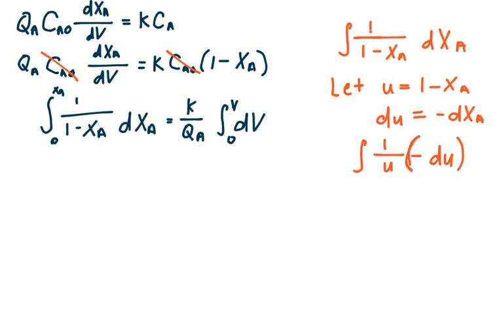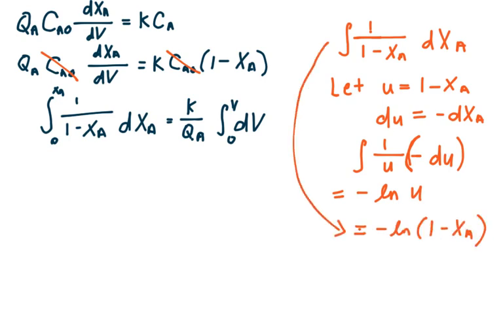So integrating 1 over u, you will get ln u, and then don't forget because of the negative sign, your final answer will be equal to this. And then you have to input the u back as 1 minus XA. With this, we can then input the equation back into our original equation here.